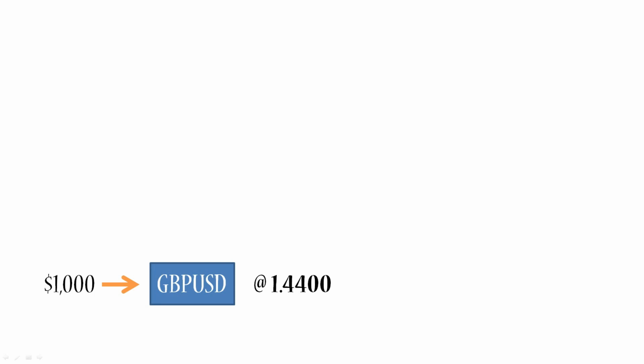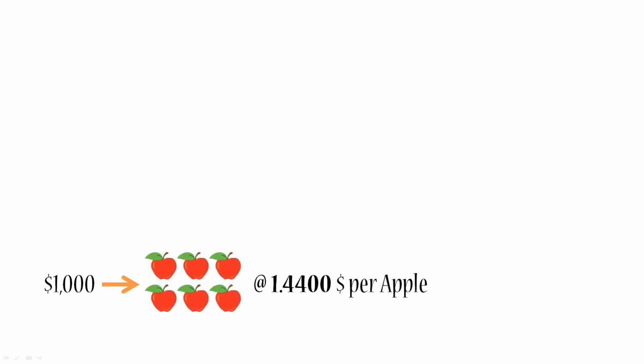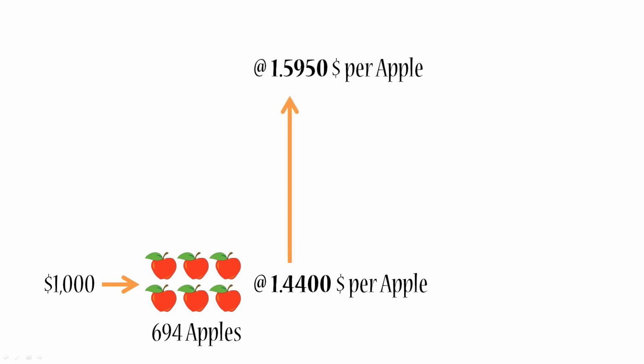We can hold them, count them, measure them, weigh them up, and we can always replace the base currency with apples to simplify things. So now our example says that the trader had $1,000, which he invested into apples at the price of $1.44 per apple. This means that he bought 694 apples.